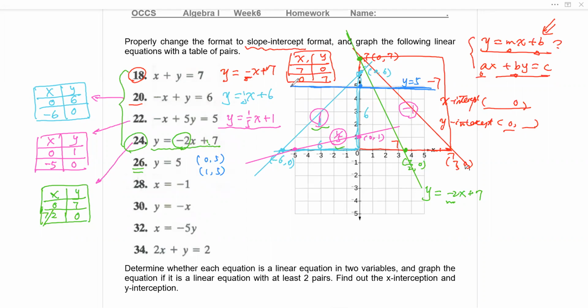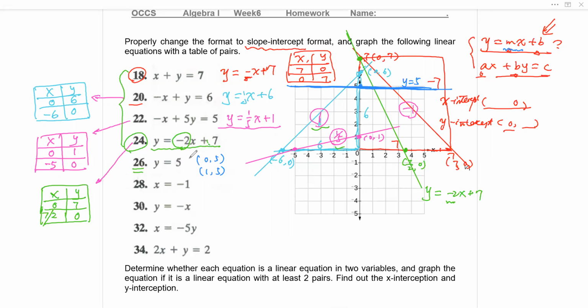This is a horizontal line, right? A horizontal line has no slope; the slope is equal to 0. When you say y equals mx plus b, here the slope is 0, so whatever x is given, that term always equals 0, so y equals 5 all the time.